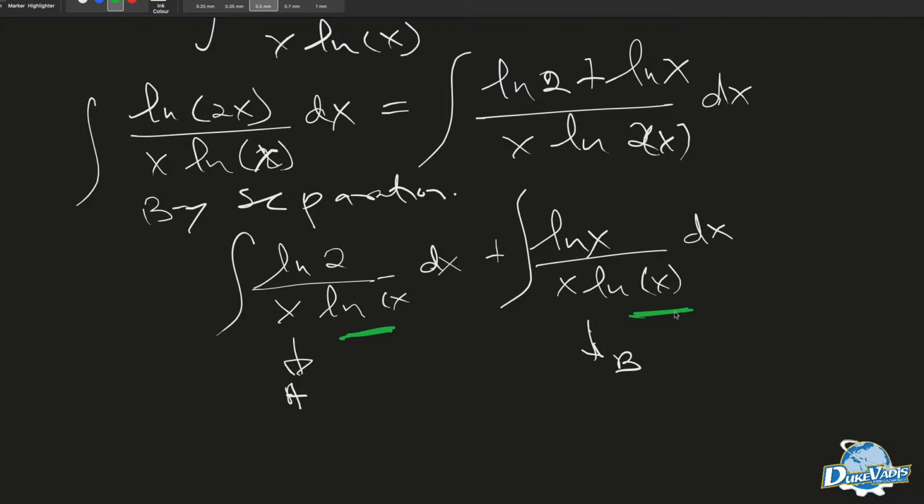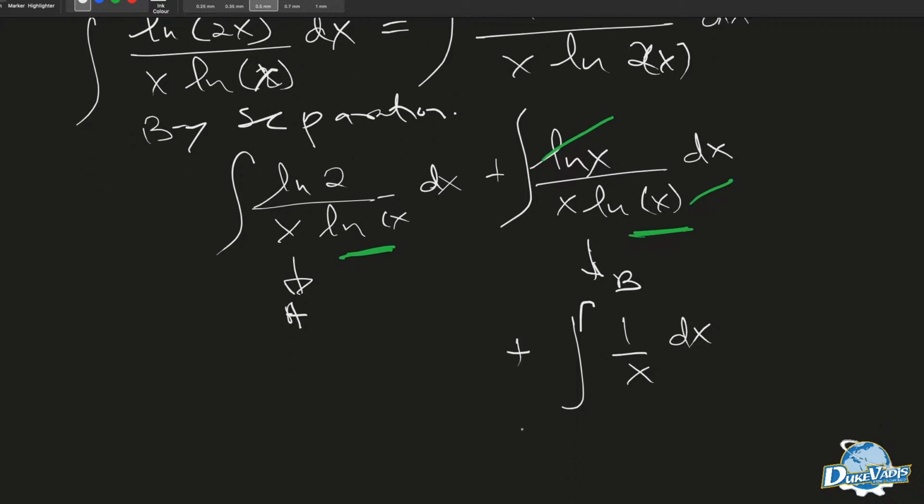If we look carefully, the natural log of x on top will cancel the one down here, so we'll be left with the integration of 1 over x dx to resolve for B. So what about the A?